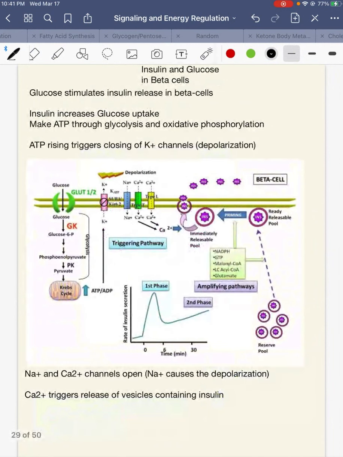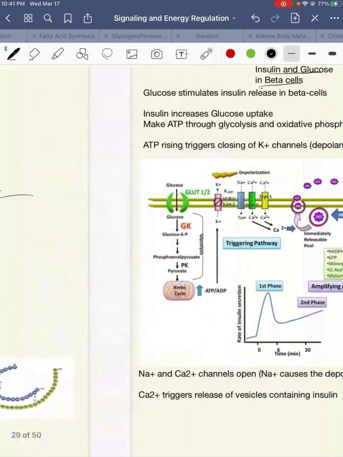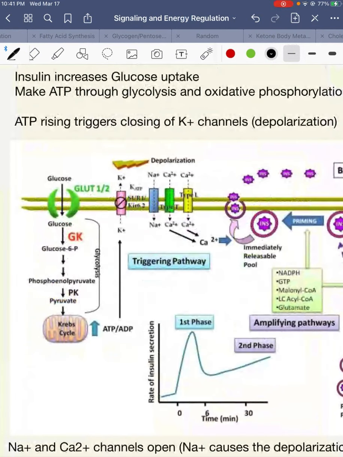Okay, let's talk about how high blood glucose levels eventually lead to insulin being made in beta cells. So start over here. So this is glucose. You have high blood glucose levels. It enters the beta cells. So this is beta cells.